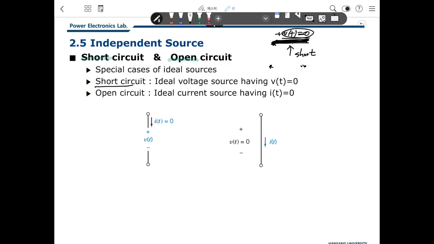So in the short case, the ideal voltage source has a voltage of 0. And open circuit means, because this is not connected to the point, current cannot flow through this point. So in this case, current is 0. So this is a short, and this is open.